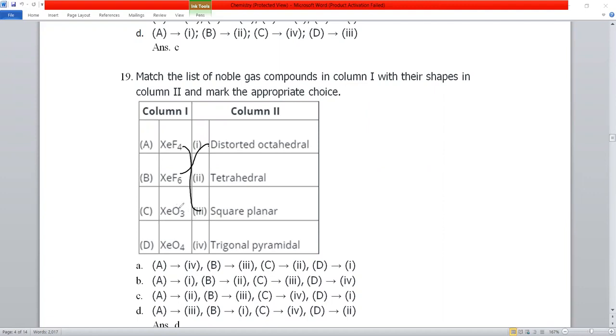It's not tetrahedral. And XeO4 is the tetrahedral, students. So option D is the correct one. Next, question number 19, you can check here.